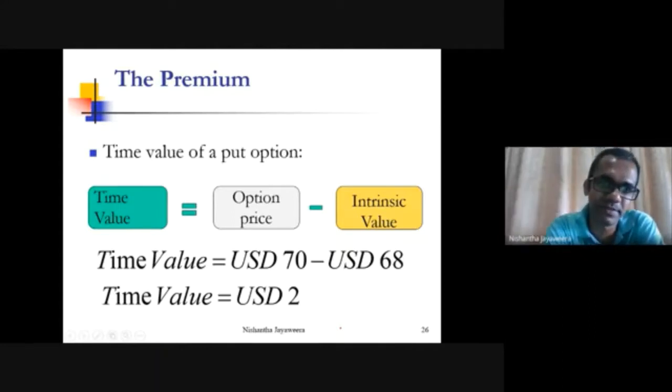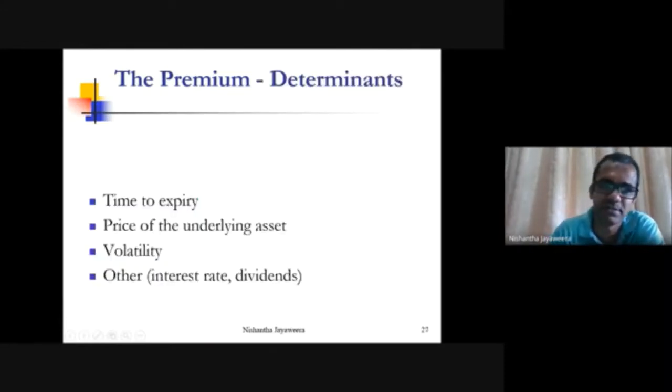If the market is highly volatile, time value would be high, not the intrinsic value. Intrinsic value depends on the difference between strike and the spot. Time value depends on the volatility. We'll discuss that in the coming slides.